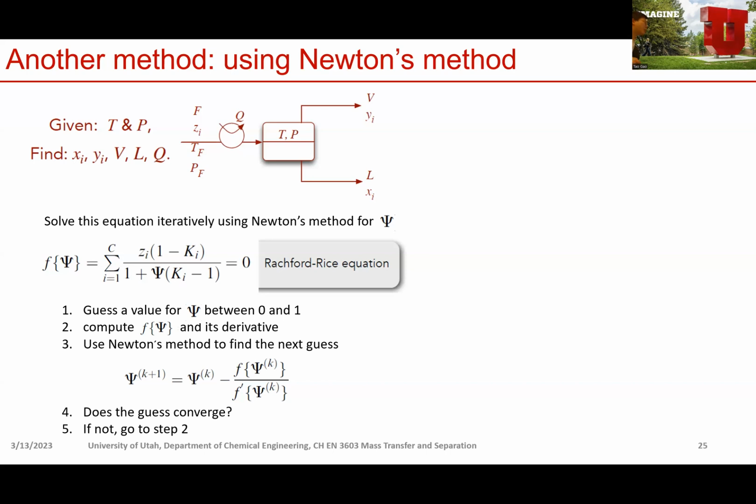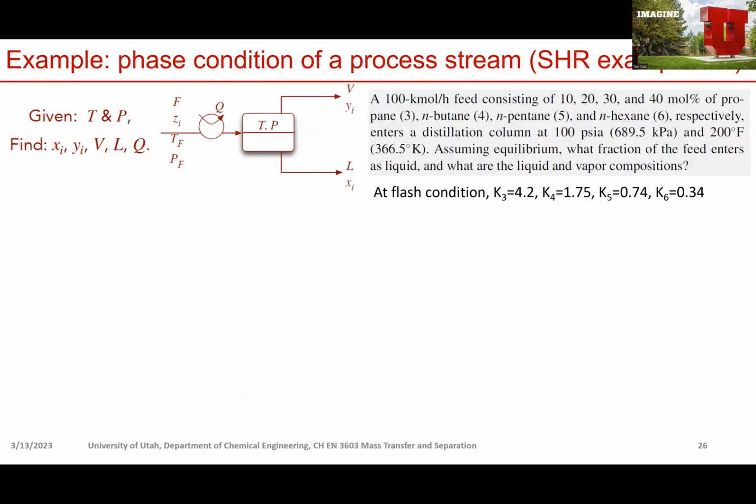If not, we go to step 2 and do this again, until we find two consecutive psi values that converge. Typically, the convergence condition is met when the relative difference between two psi values is below 10 to the -4. Next, let's look at an example of using this method to solve a real problem.